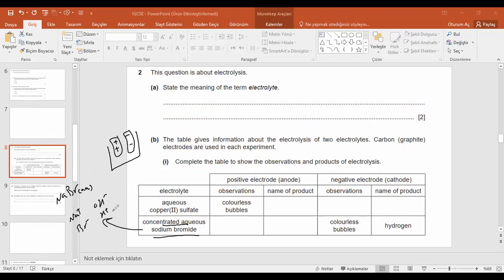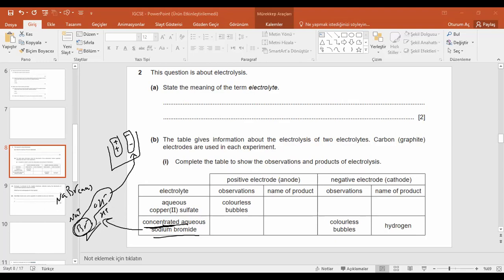To the anode, OH- and Br- are attracted there, right? But only one of them will be oxidized. Guys, the solution is concentrated. So it is the Br- that will be oxidized.